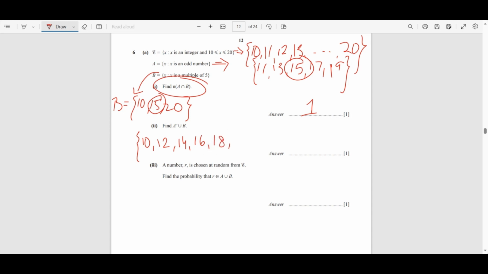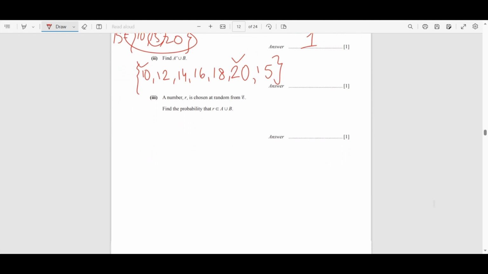These are the elements of A complement, and then unite it with these 3. So 10 is already here, 20 is already here. There's only 15 left. If you want to rearrange this and write it in ascending or descending order, that's your choice. I just want to leave it here.